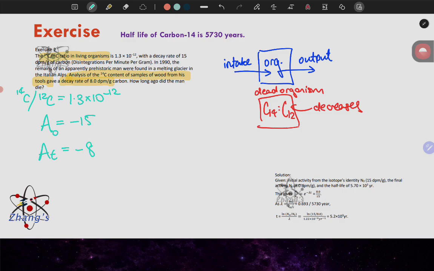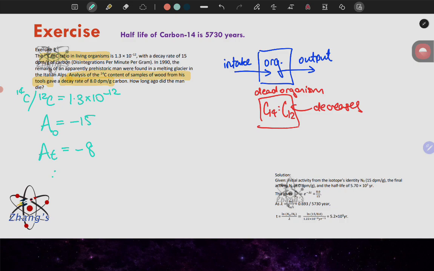So we're making the assumption that the wood in his tool was produced at approximately the same time as this man. Obviously, it's not going to be exactly the same, because the man probably killed the tree and then died a lot later. But in the span of thousands of years, that small amount of time is probably insignificant.